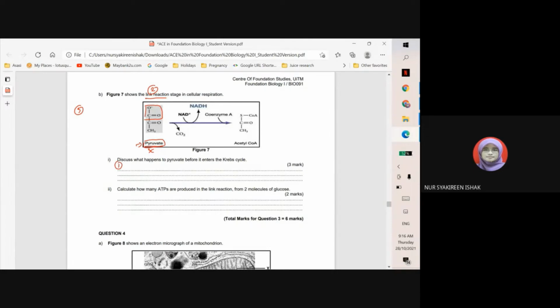The carboxyl group or COO negative of pyruvate will be removed as carbon dioxide. So that is point number 1. You could also mention that pyruvate undergoes decarboxylation.